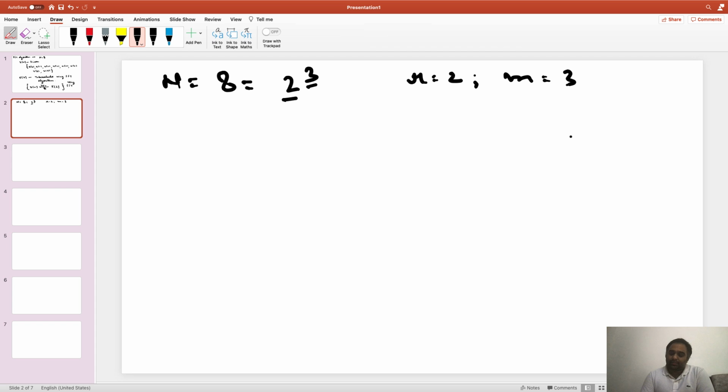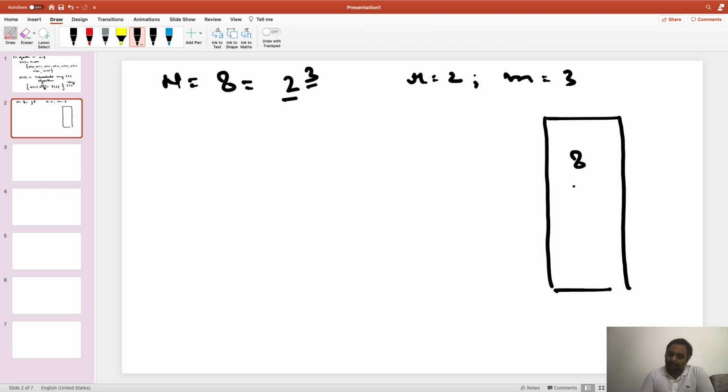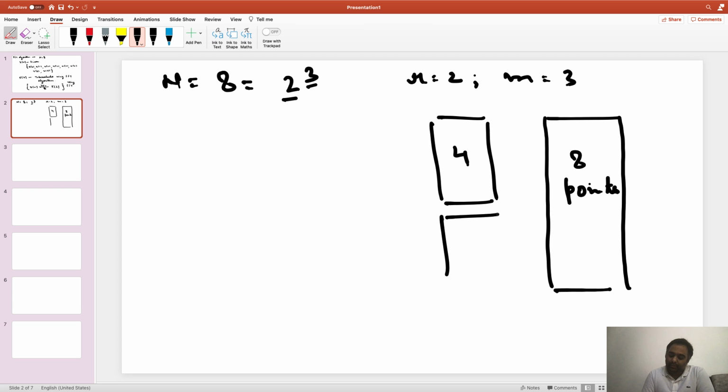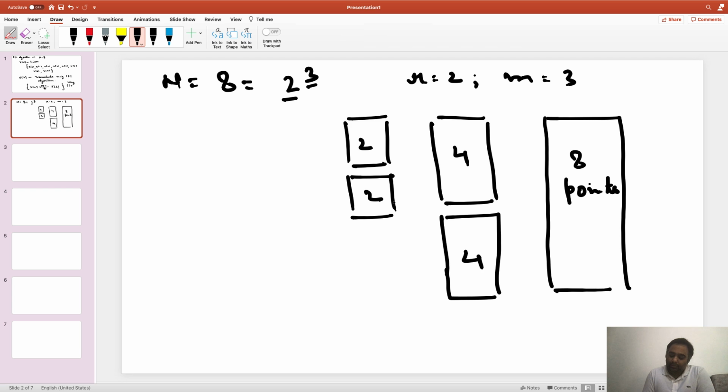In a previous lecture, I had mentioned that we would consider 8 points. They will be divided into 4 and 4 points. Then these 4 and 4 points will be subdivided into 2 points, 2 points, 2 points, and 2 points.